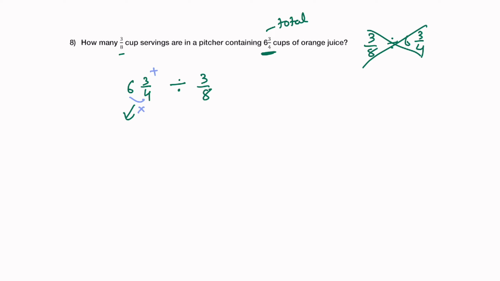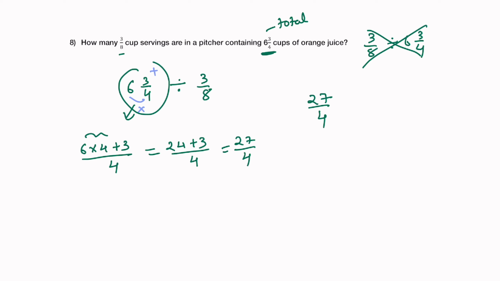So this will be 6 times 4 plus 3 upon 4, that's 24 plus 3 upon 4, that's 27 upon 4. So our equation will be 27 upon 4, this part first, divided by 3 upon 8.